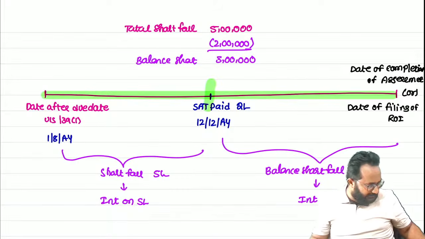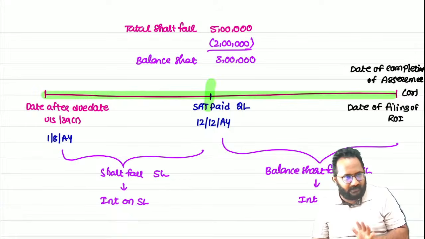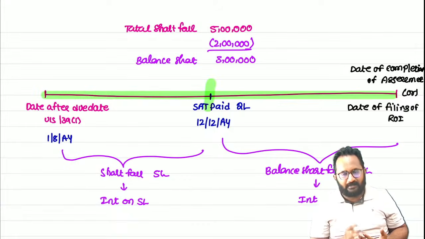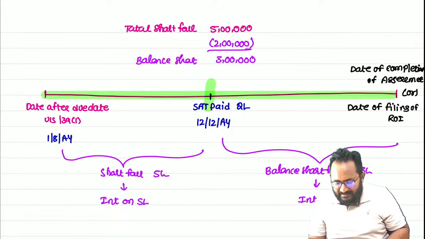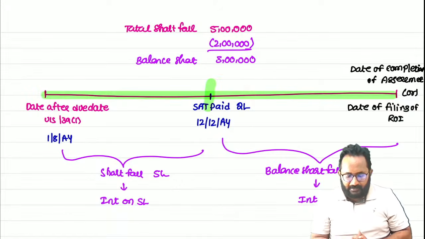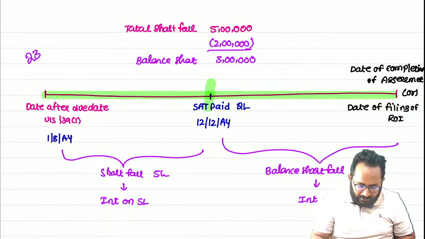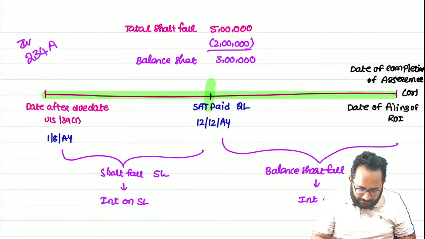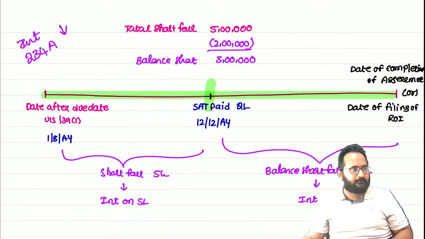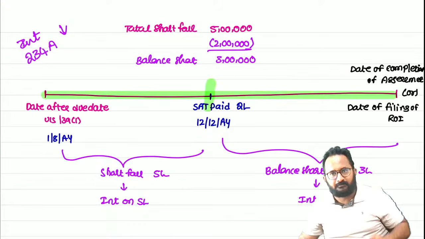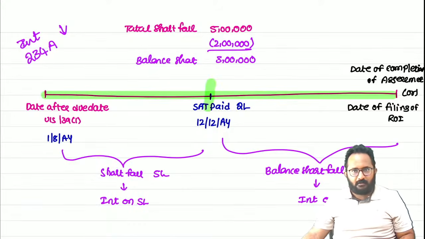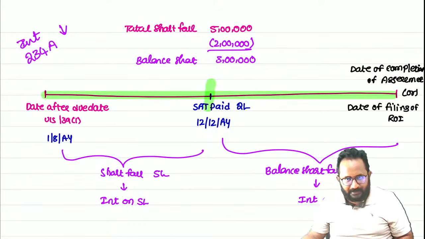I will always say this point as a note: if any self-assessed tax is paid, automatically the 234A interest burden will reduce. Simply tax planning. Somewhat it is also tax planning only.